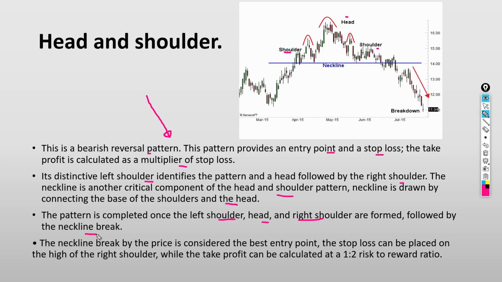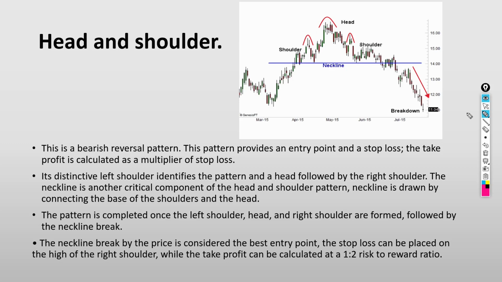If the neckline is not broken, please do not trade this pattern. So the neckline break by the price is considered the best entry point. The stop loss can be placed on the high of the right shoulder, while the take profit can be calculated at a 1 to 2 reward risk. But we talked about take profits, and we cannot use this format. We shall be using the ATR, or the average true range indicator.